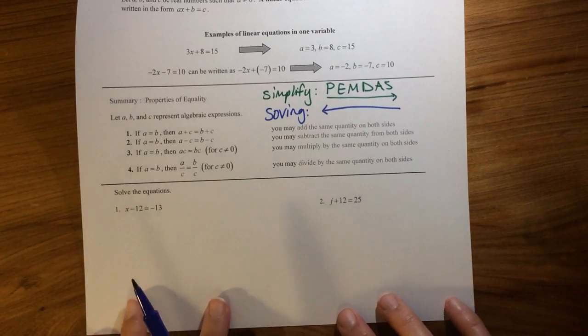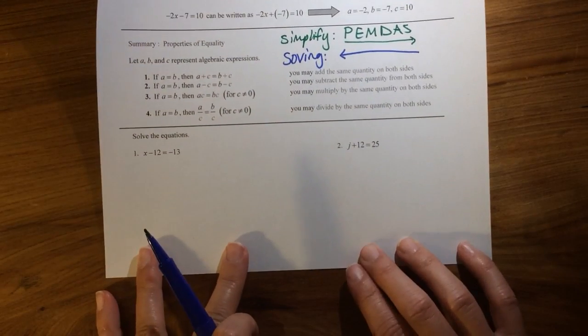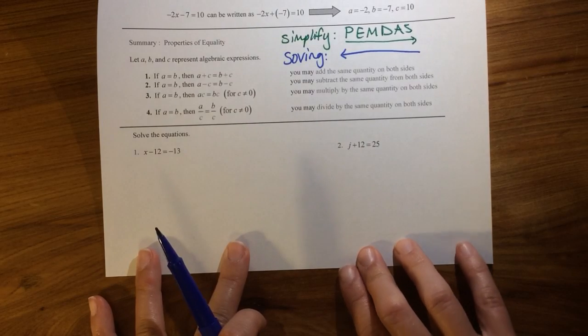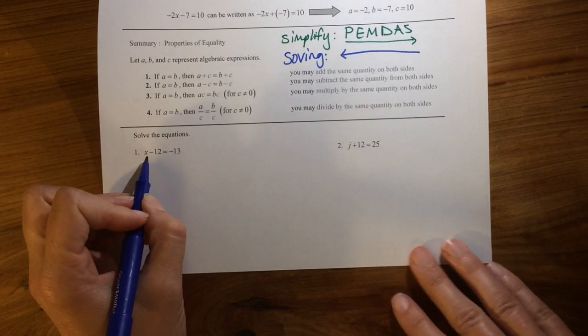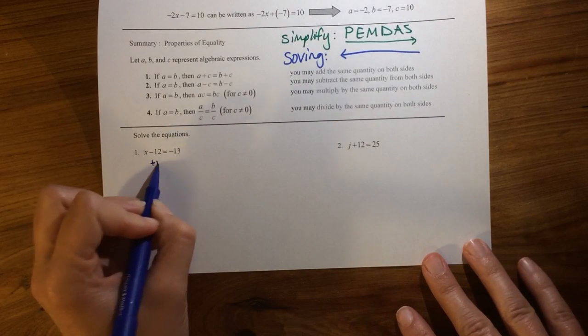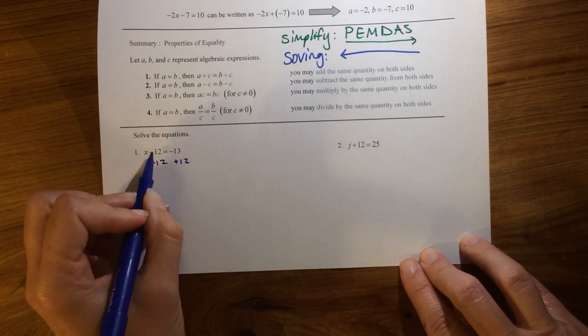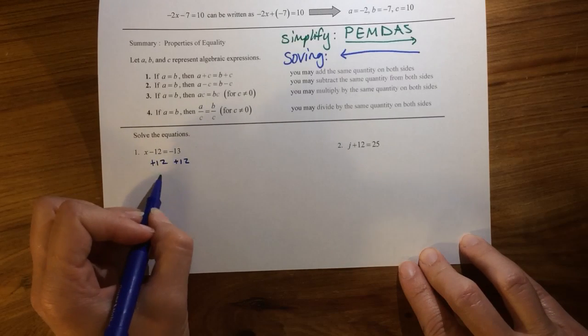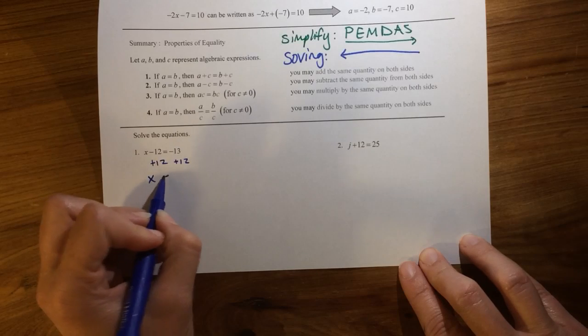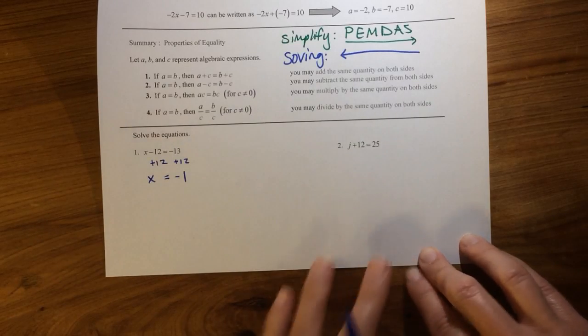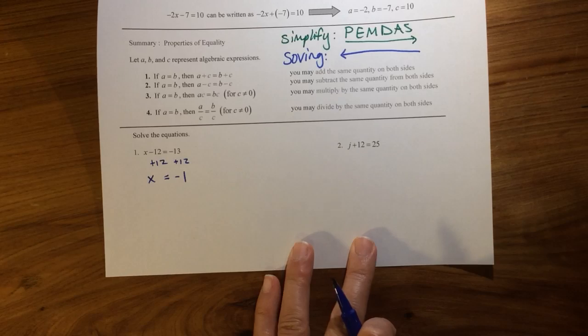So if I'm solving the equation x minus 12 equals negative 13, well, to undo subtraction, we're going to add 12, because minus 12 plus 12 is 0. Then we get that x equals negative 13 plus 12, which is negative 1.